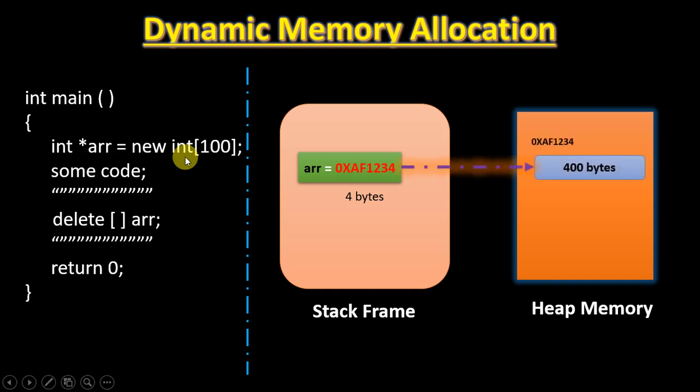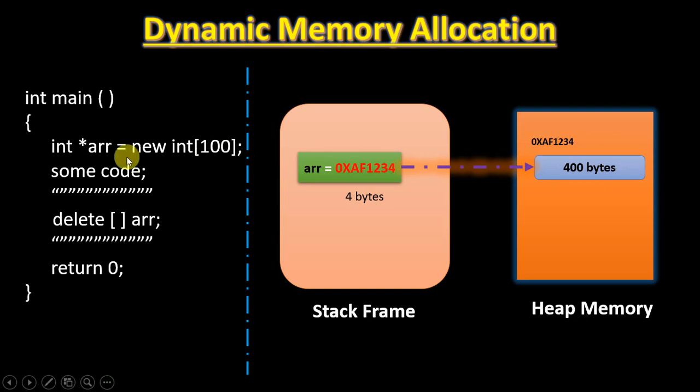So 400 bytes of memory will be allocated, and the starting address will be given to this pointer. Now ARR is holding 0xAF1234, assume this is the starting address of those 400 bytes. So this pointer ARR is pointing to a heap memory address where we have 400 bytes.